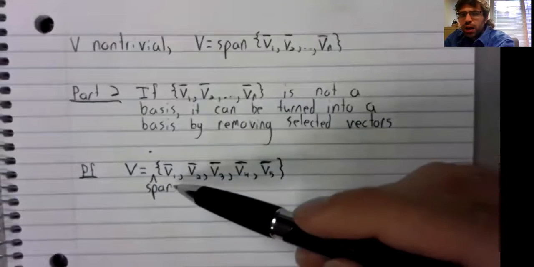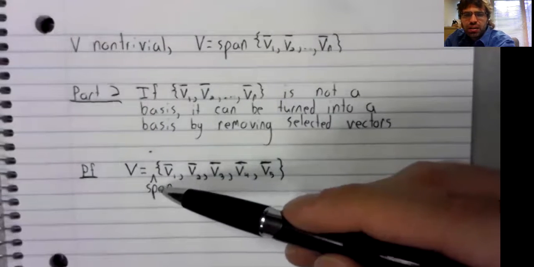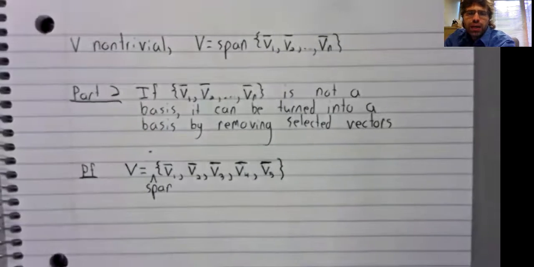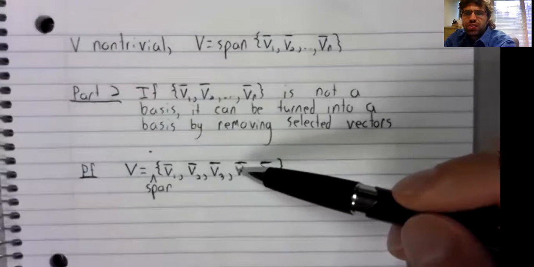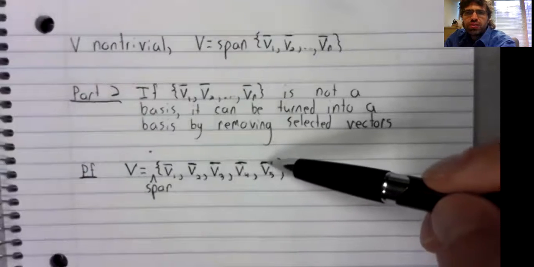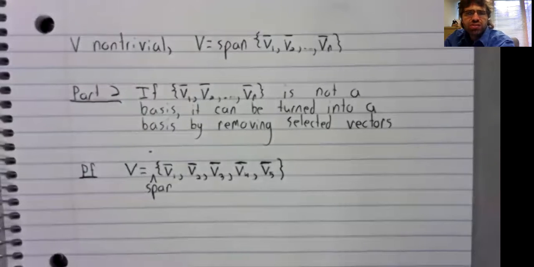Well, bearing in mind that they certainly span V, the only way they could not be a basis is if they're linearly dependent. If they are linearly dependent, at least one of these vectors is a linear combination of the rest.